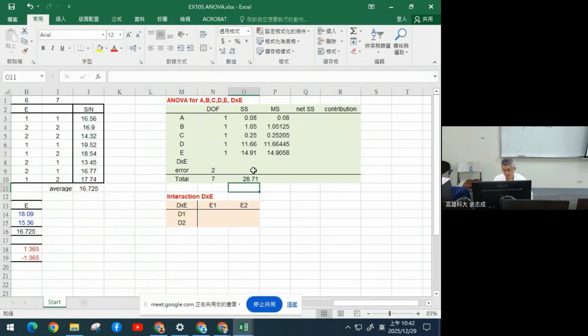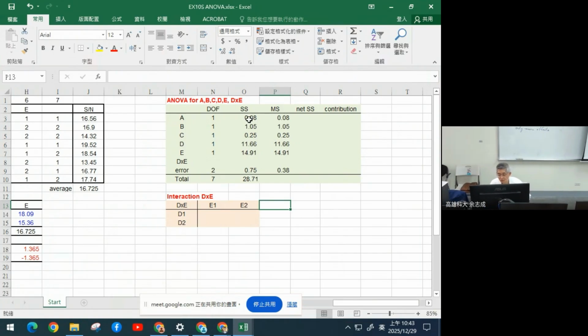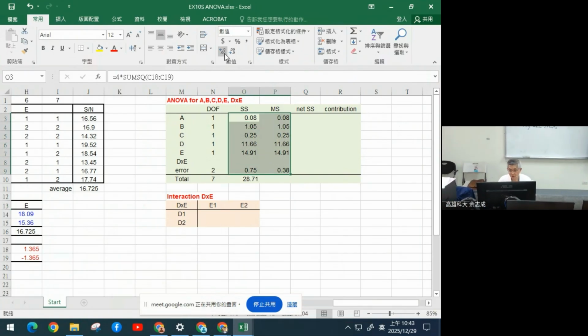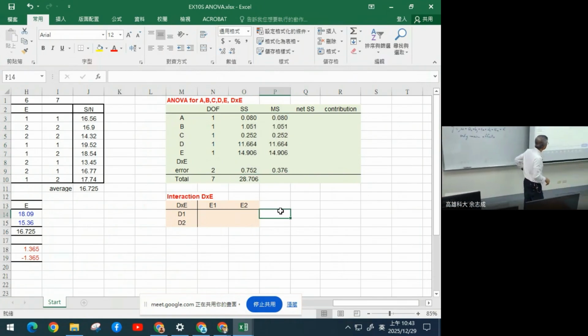So here the sum square due to error will be the total sum square minus your model. And the mean sum square will be the sum square divided by their degree of freedom. So this is where we were last week. Yep. Let's make it 3 digits, so it will be the same as our class notes. Any questions? This is where we were last week.